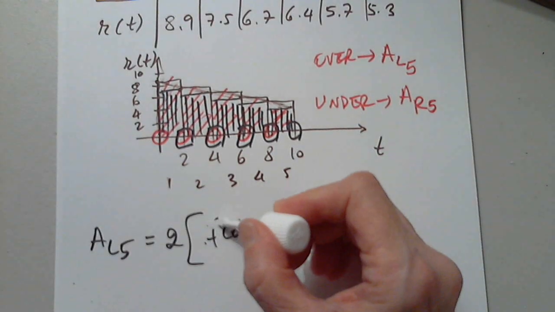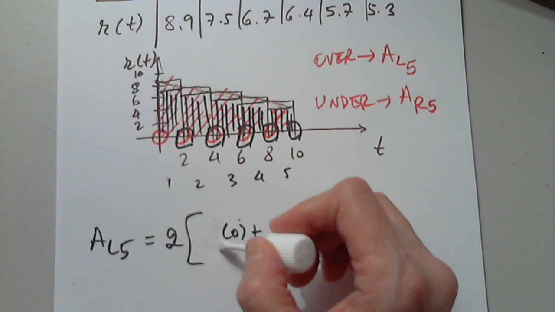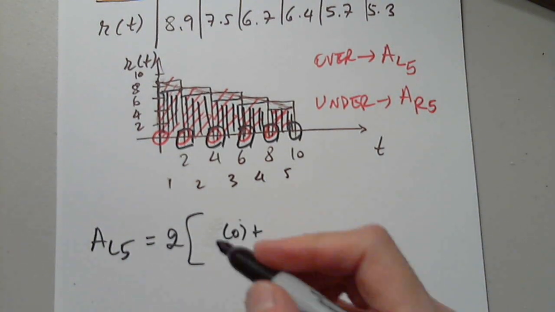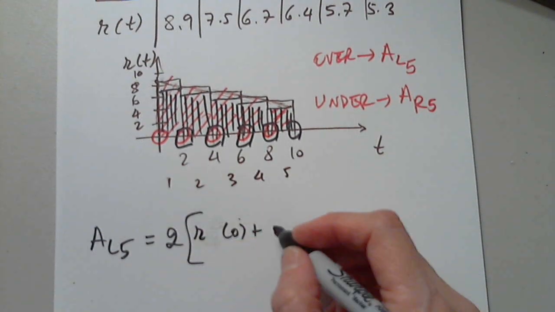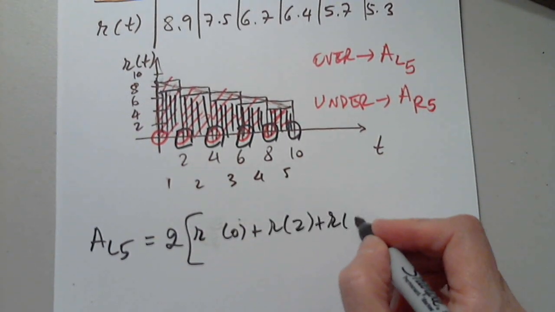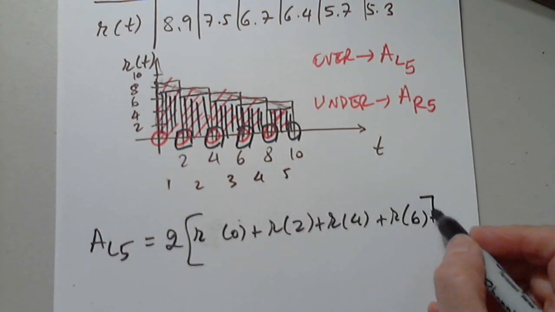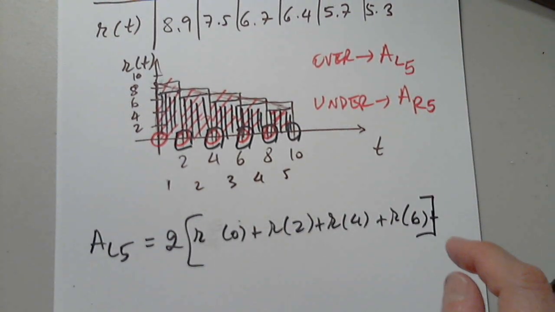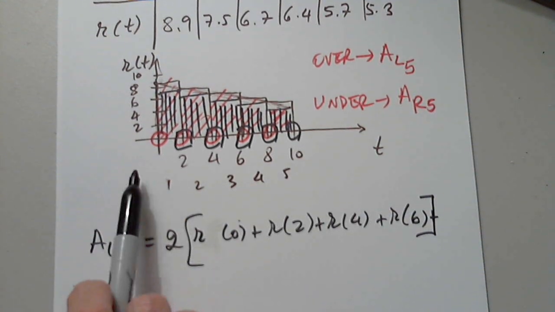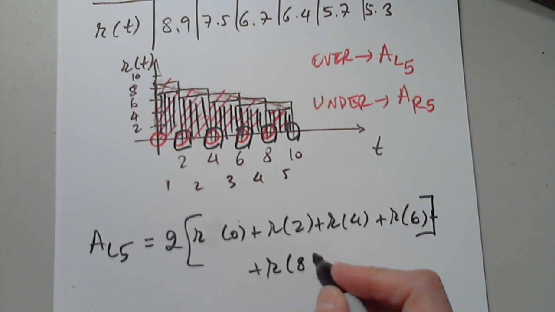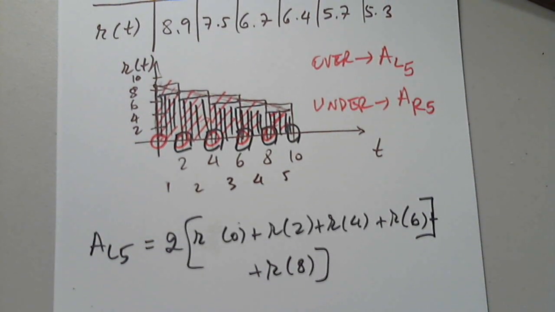It's not important, but I have to use R. So this is R of 0 plus R of 2 plus R of 4 plus R of 6 plus R of 8. Yeah, I need 8. So, and I have the numbers. That's all I need to do.